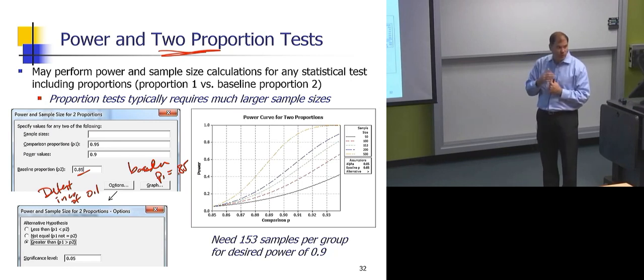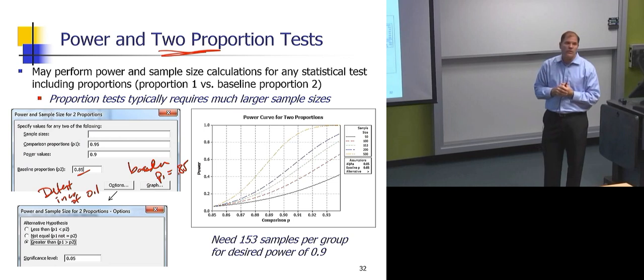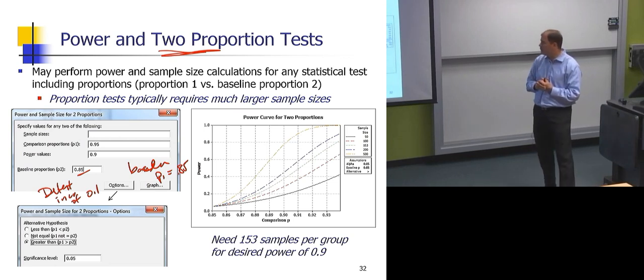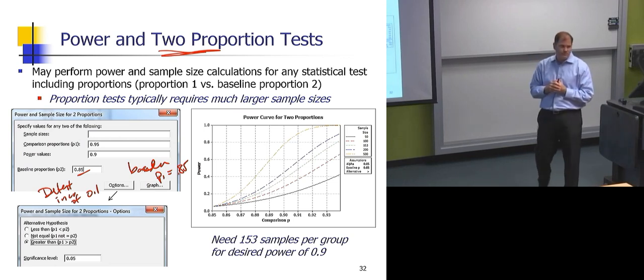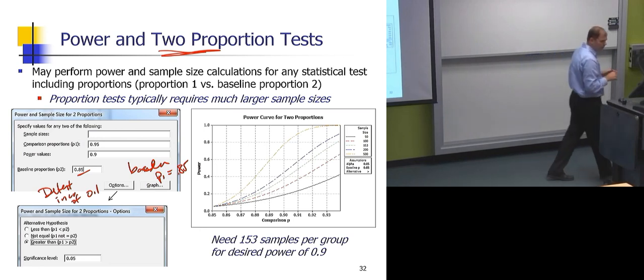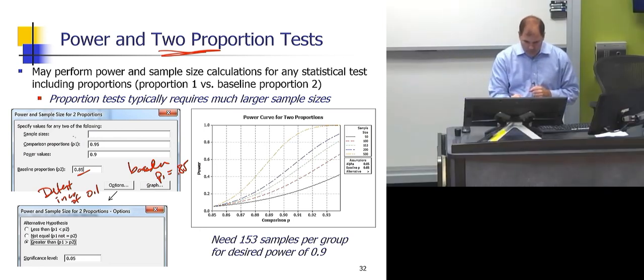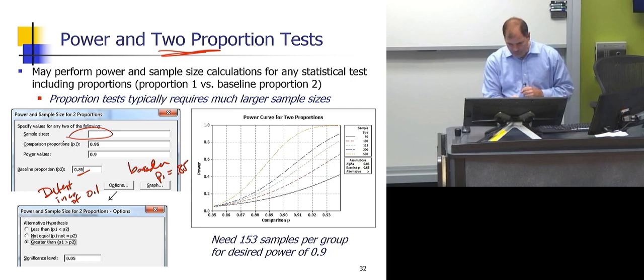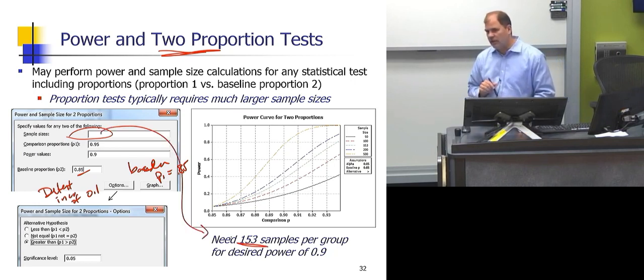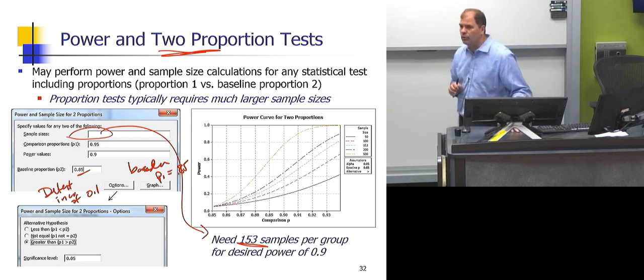We try to get those correct if we're going up or down from a baseline. In this case, let's say we start with power, and we want to solve for n. If we do that, the software would come back, and it would tell us we need 153 per group.